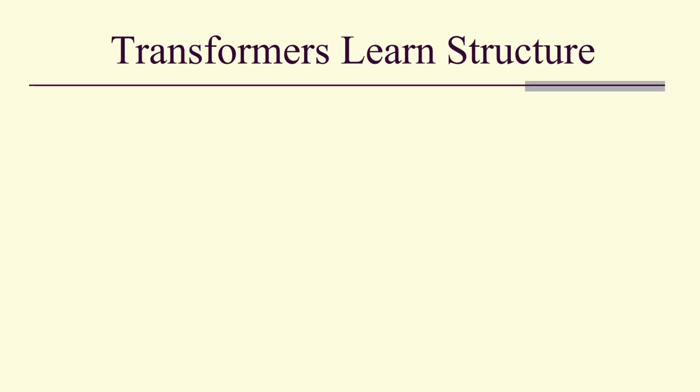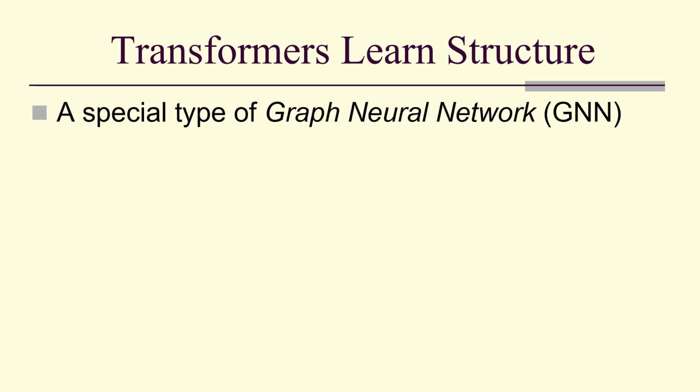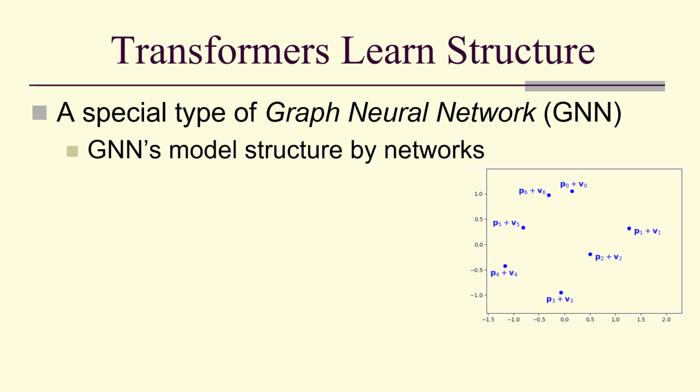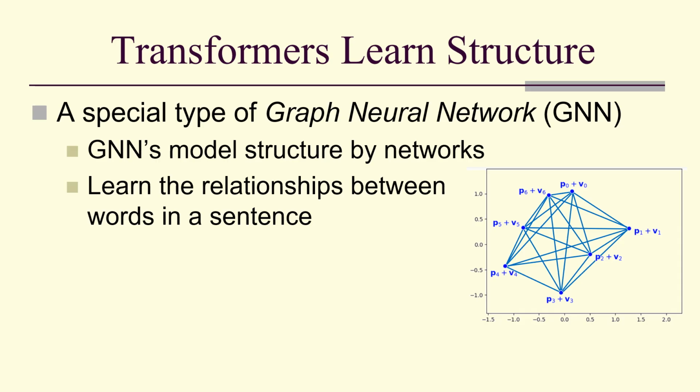But the transformers learn structure. They do it very well. In fact, they're a special type of what's known as a graph neural network. Graph neural networks model structure by networks. So we started with a complete graph, and then we learned how to prune away the edges we didn't need. In other words, we learned the relationships between words in a sentence or between points in a time series, the relationships that are important to making our predictions.